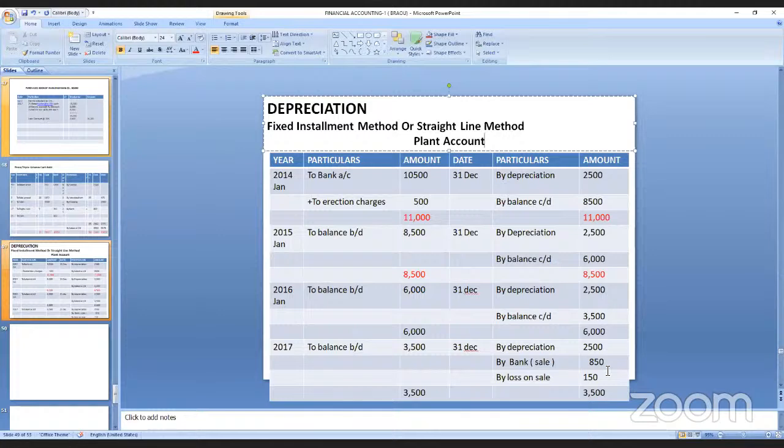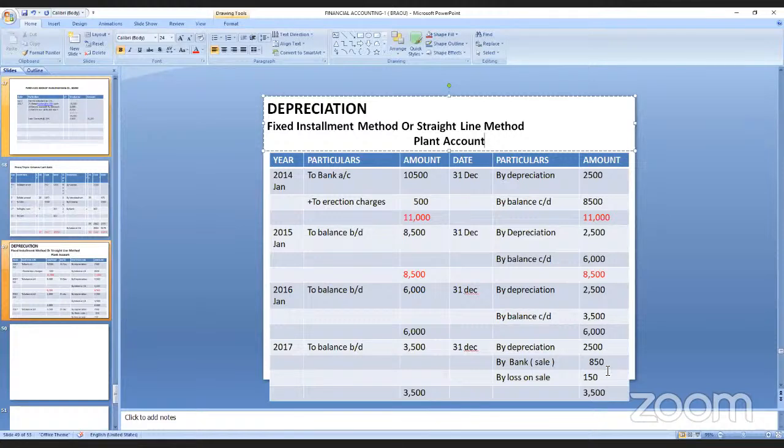Otherwise, you take 11,000 as the machine cost.